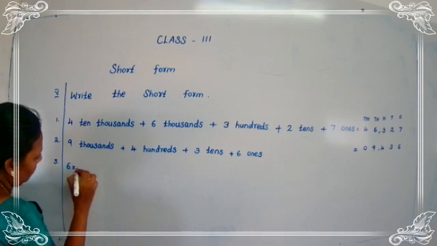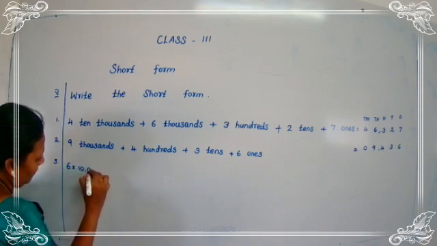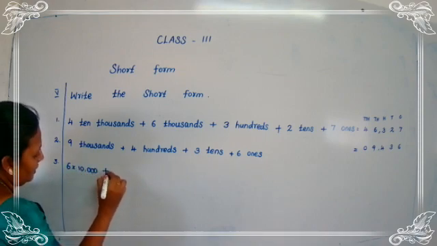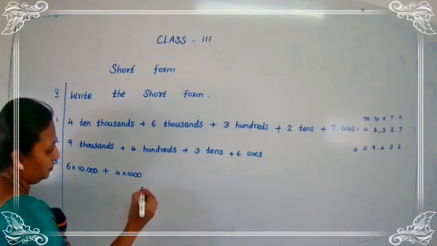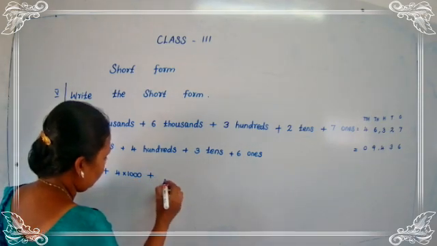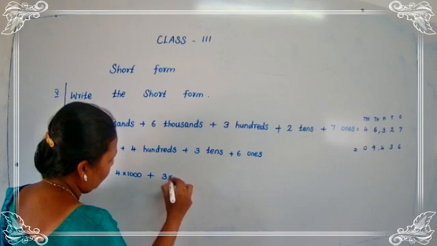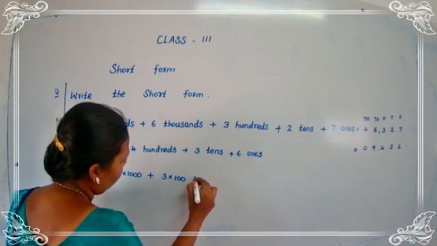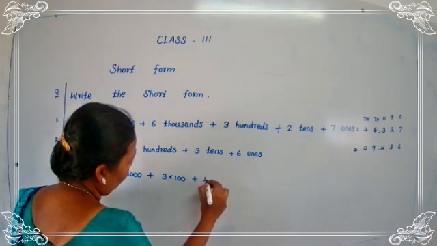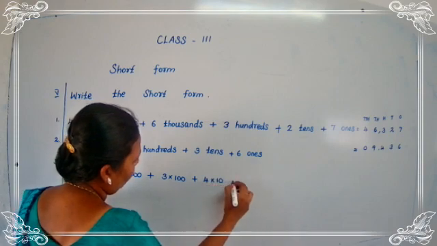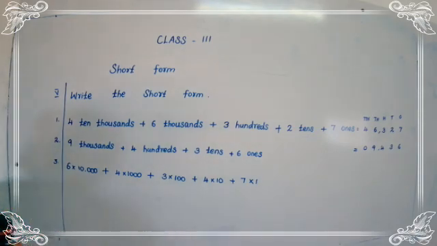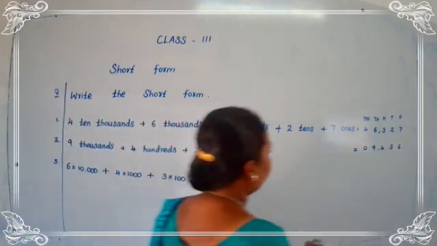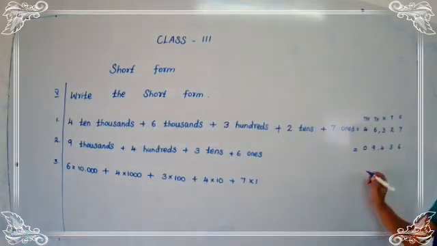6 multiplied by 10,000 plus 4 multiplied by 1,000 plus 3 multiplied by 100 plus 4 multiplied by 10 plus 7 multiplied by 1. Say the answer.